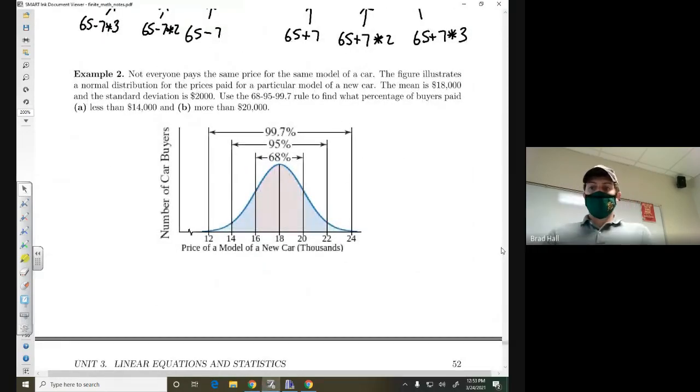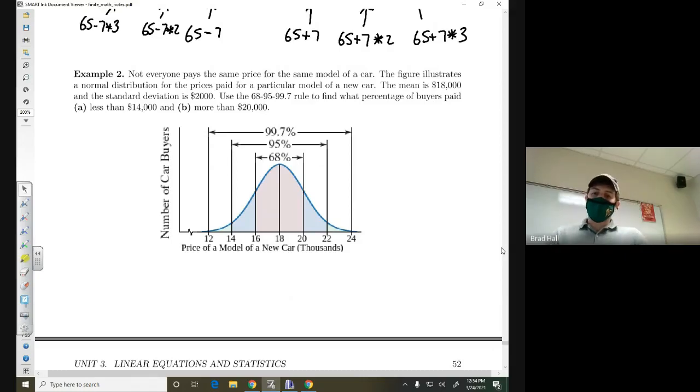Okay, so this is an example about people buying a car. So if you ever go on Kelley Blue Book and look up prices of a car, they do have a somewhat normal distribution of car prices. And it doesn't look as nice as this one as far as I could find, but it is something that does explain the distributions.